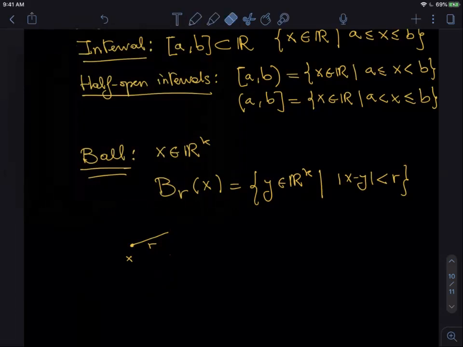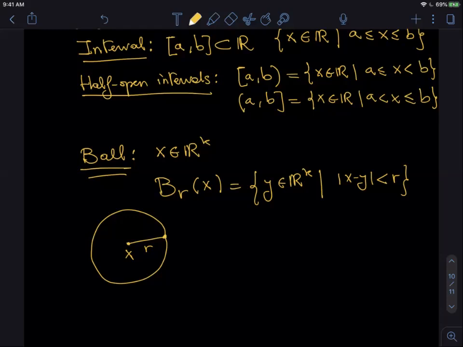So if we have a point x and a distance r, the ball is the set of points that are within a distance r from that x. And notice that we are taking every point that is inside this ball, but we are leaving out the boundary.